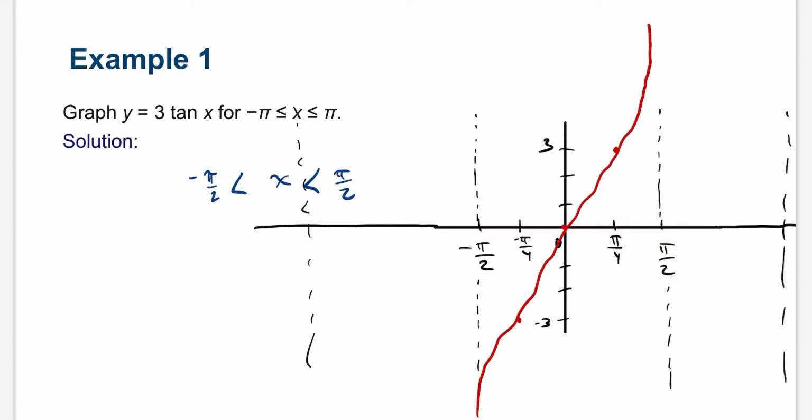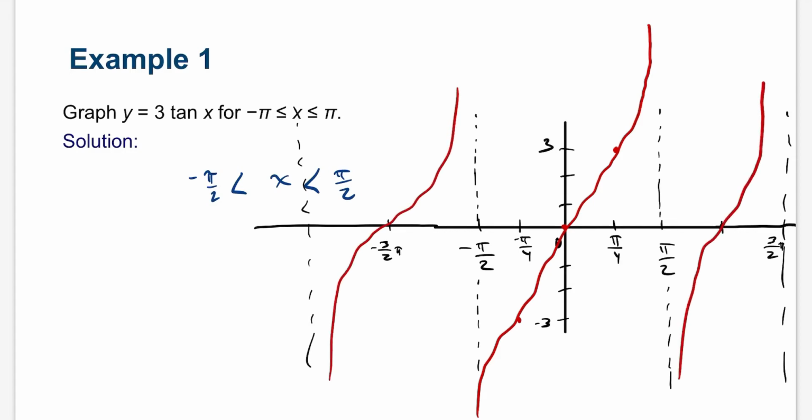That means you would have to go out to an additional pi in this direction. If you add pi to pi over 2, that's 3/2 pi. And then you'd find the midpoint. Over here, negative 3/2 pi. And your graph would look like that. All right. So that's example 1.